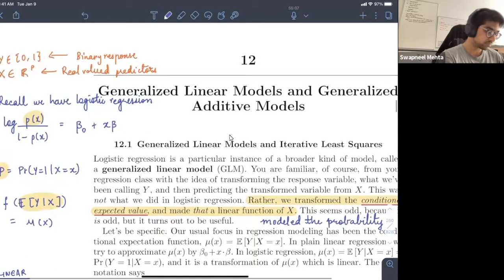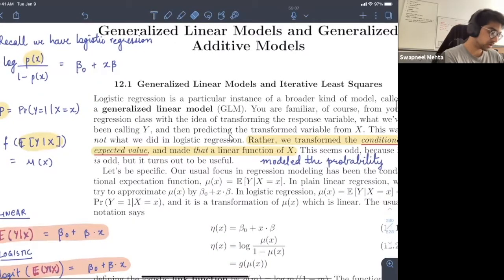So this p is basically the probability of y equal to 1 given x equal to x. I'm not going to complicate things for you. Let's leave it as log p upon 1 minus p, and then you can read the chapter to find out what this p really means.